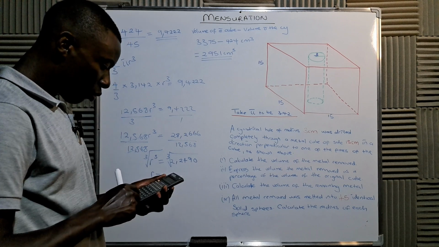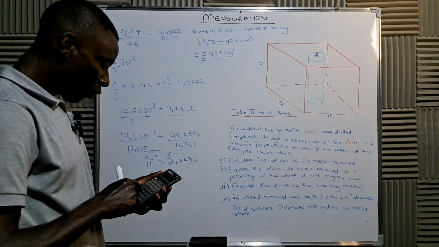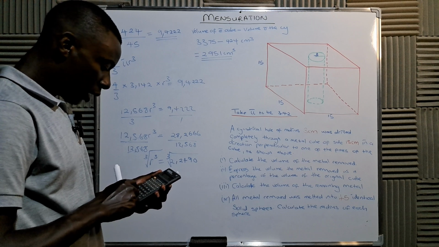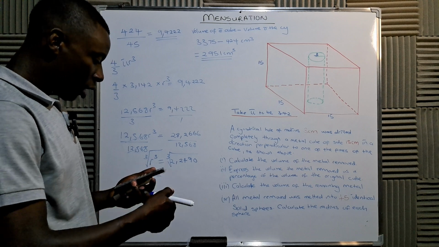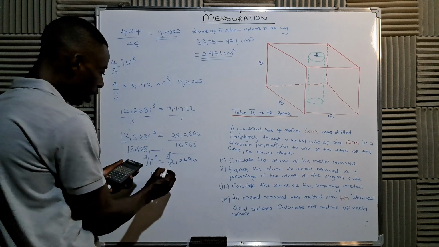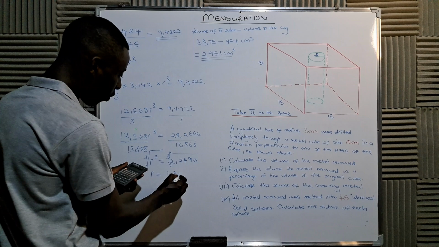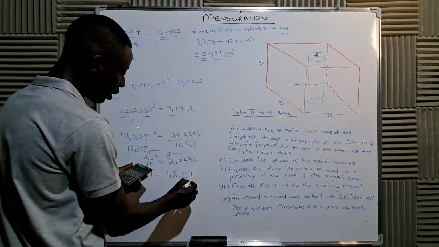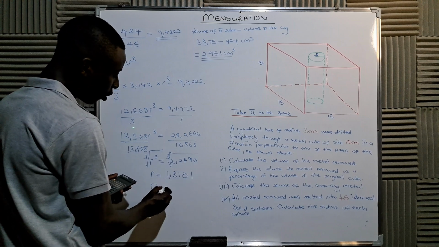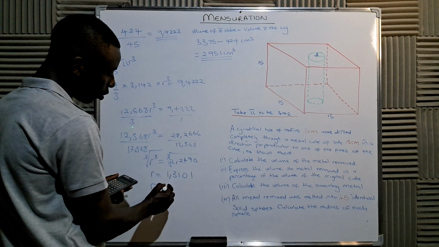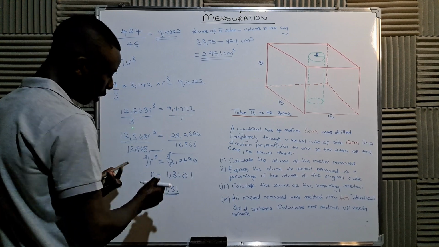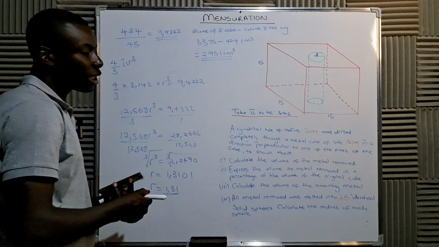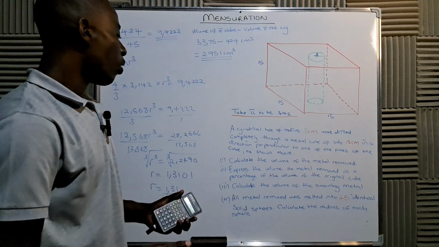So 2.2490. We are getting 1.3101. So to 3 SF, we get 1.31. So this is the radius of each sphere.